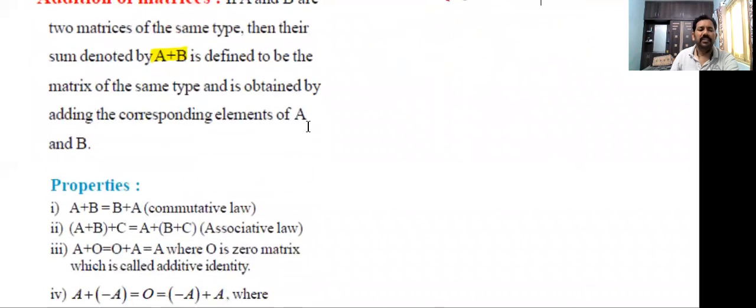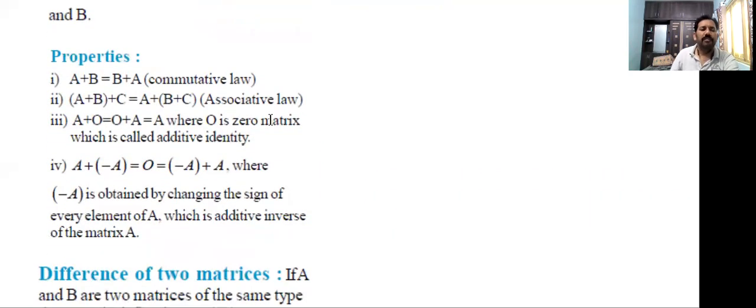Okay, right. Next, properties of matrices in addition. A plus B is equal to B plus A, that is commutative law. A plus B plus C is equal to A plus B plus C, associative law in addition.